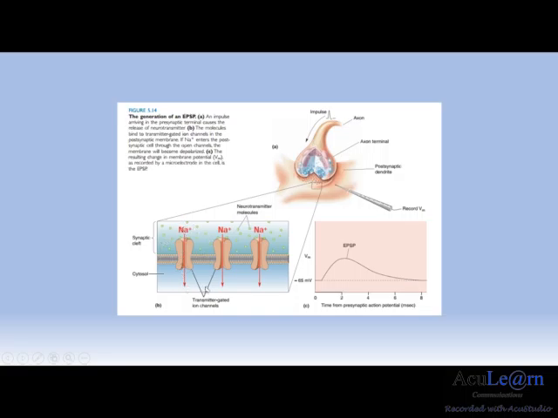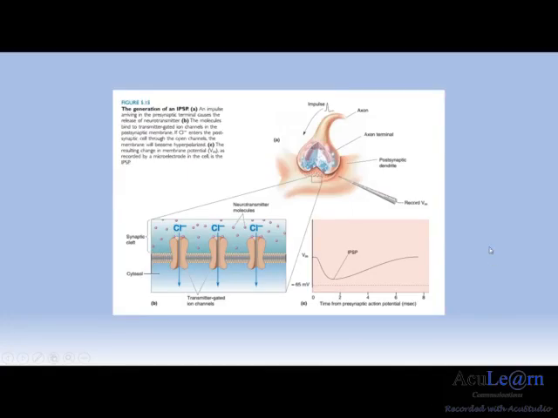In this case, the channel is permeable to sodium ions, and the sodium ions are able to enter the postsynaptic cell, causing a depolarization of the membrane potential, giving rise to an EPSP. This is notably caused by acetylcholine-gated or glutamate-gated ion channels.